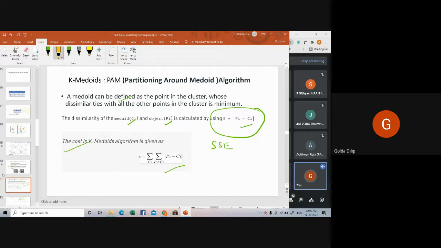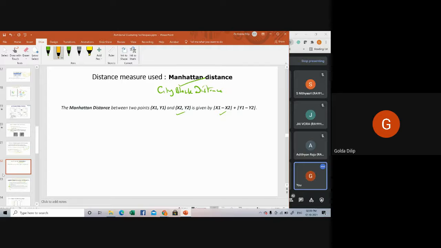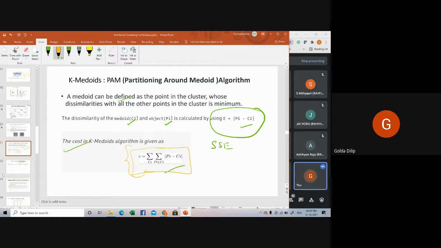The dissimilarity is computed as the absolute value of the object pi minus the medoid, and the cost is the sum of everything. The distance measure is officially called the Manhattan distance.